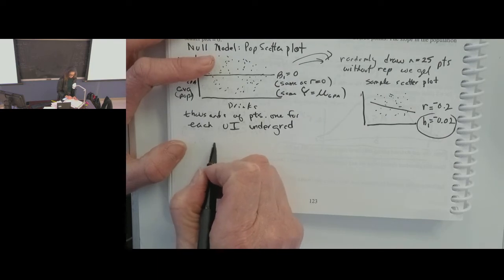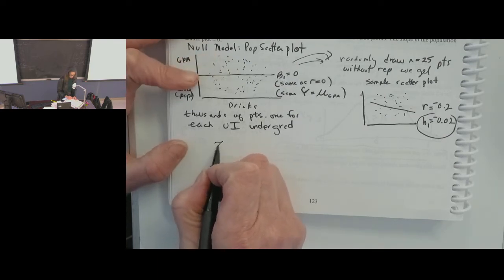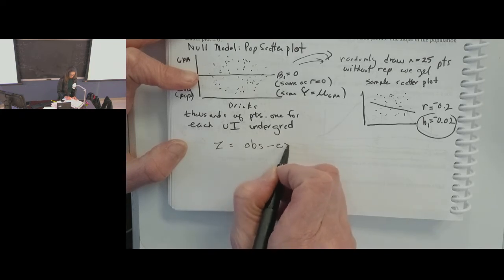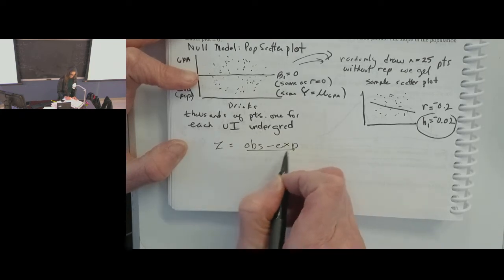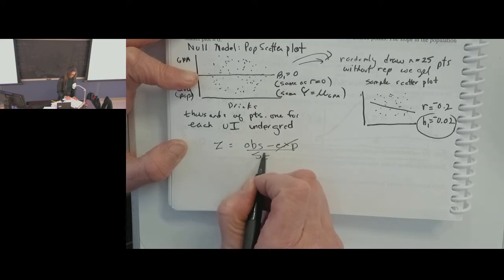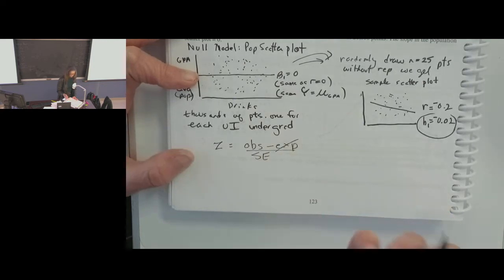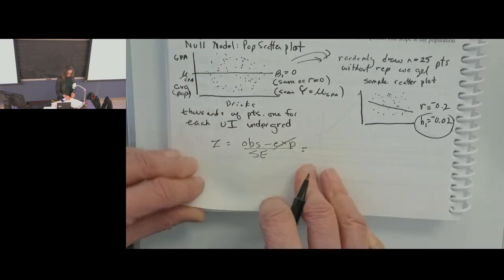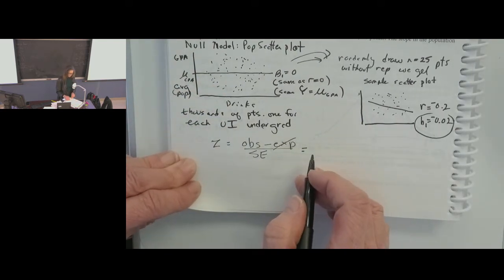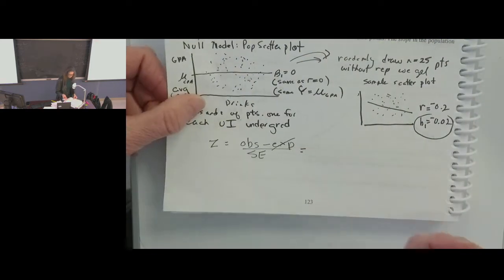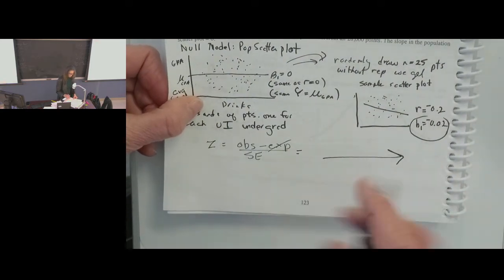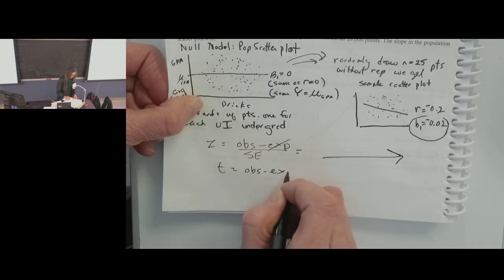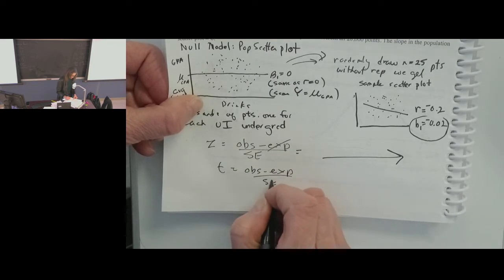Whichever one you're using, your test statistic is going to be your observed minus your expected, in this case slope, over some standard error. And we said for z, it boiled down to what we got on the previous page. Or t would be equal to the observed slope minus the expected over the standard error for the slope.